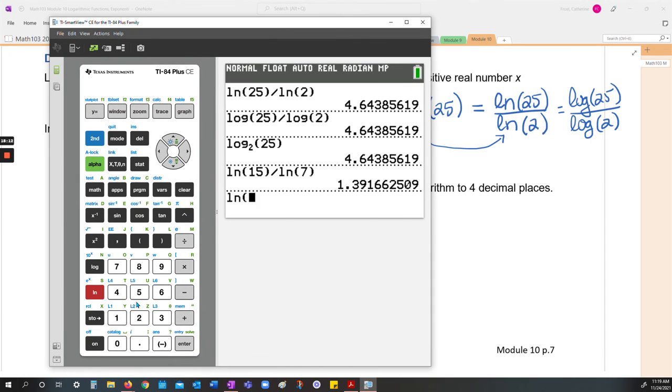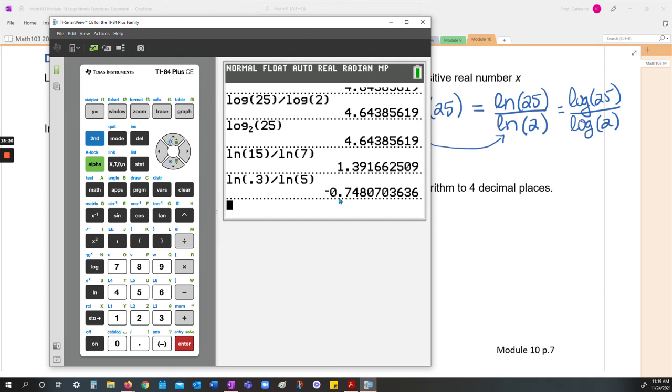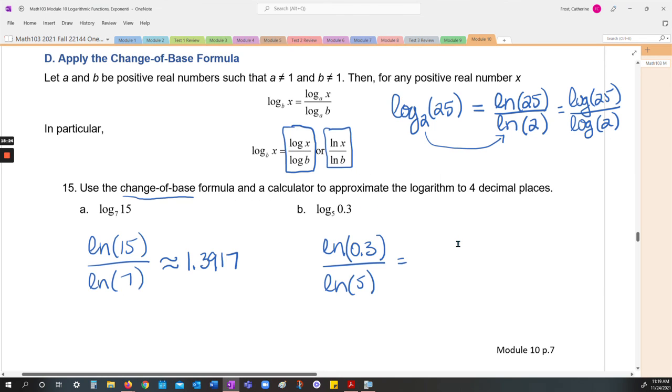So natural log of 0.3 divided by natural log of 5. And it is negative, so negative 0.7481. And so there we go.